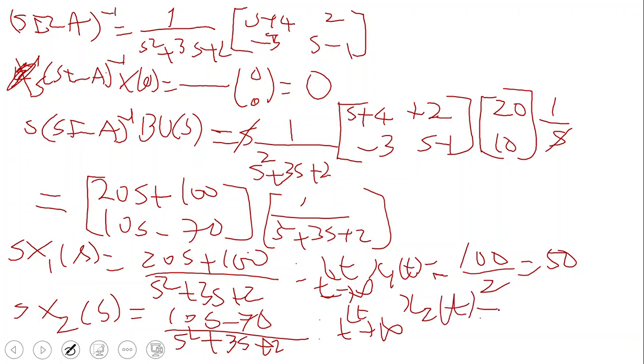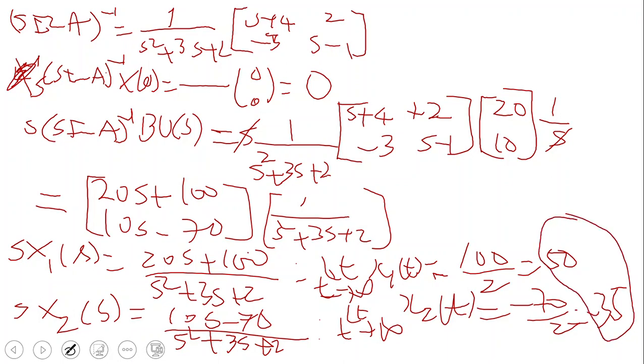Substitute s as 0. So minus 70 by 2, that means minus 35. Therefore, we have to see 50 minus 35, which option? If you see, it is option D. So option D is correct.